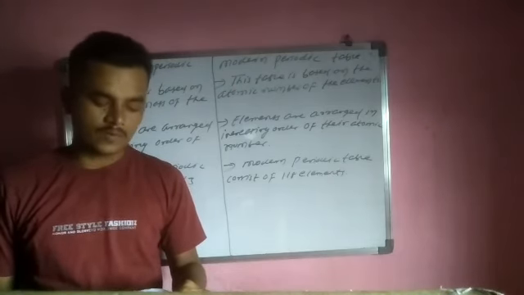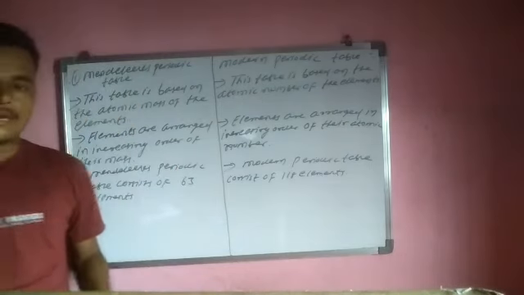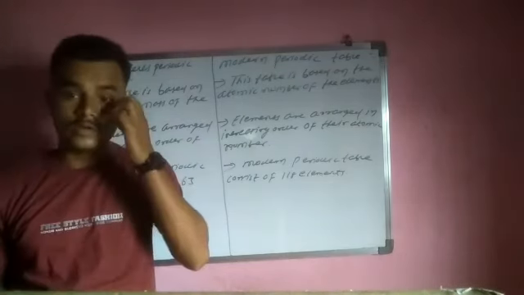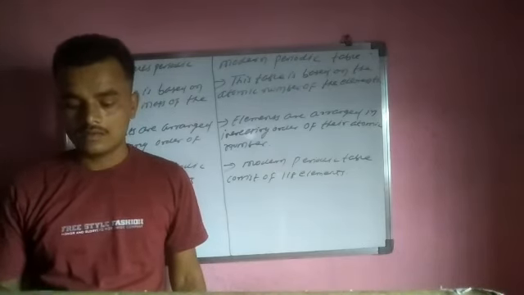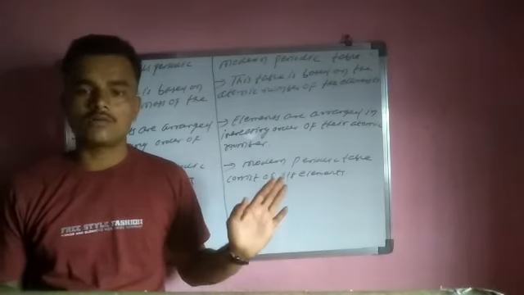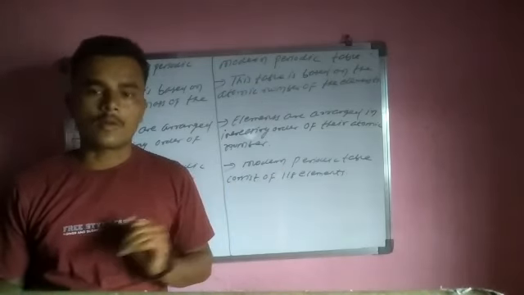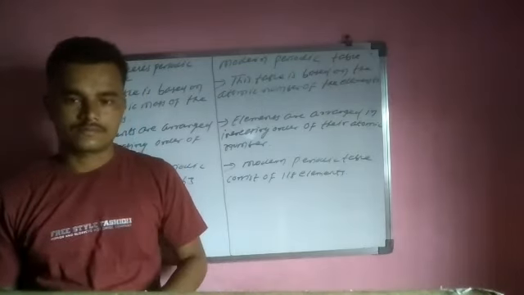Properties of elements are the periodic function of their atomic number. Now see, Mendeleev's periodic table is based on Mendeleev's periodic law. Properties of elements are periodic function of their atomic masses, and modern periodic table is based on the modern periodic law. Properties of elements are the periodic function of their atomic number.